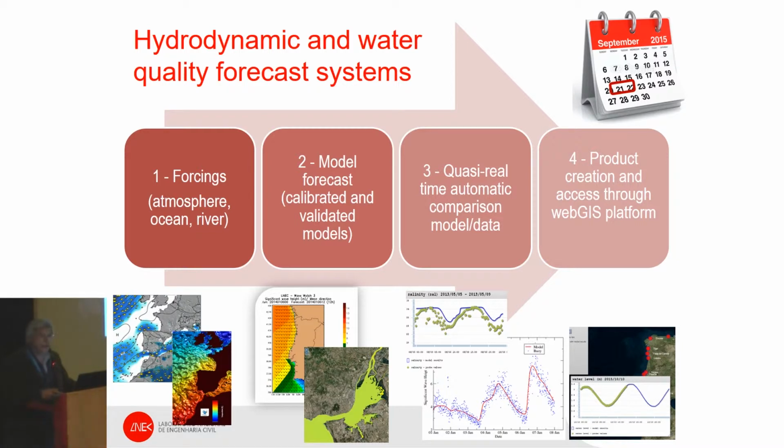We compare our model results with whatever near real-time data is available. And finally, we generate a bunch of products which are the ones that we provide to our end users, and normally consist of WebGIS layers, since it's through the WebGIS that we convey our results.